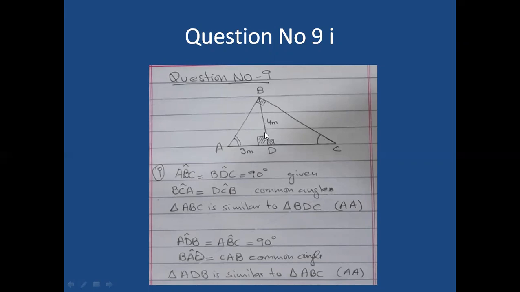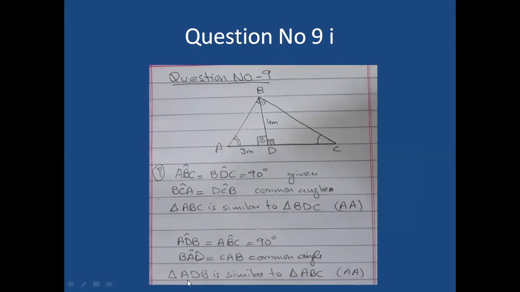Now I will take this triangle and the big, full one. This angle will be common and these two angles will be 90. In these two triangles, angle ADB and angle ABC are both 90 degrees. Then angle BAD and angle CAB in the big triangle are common.